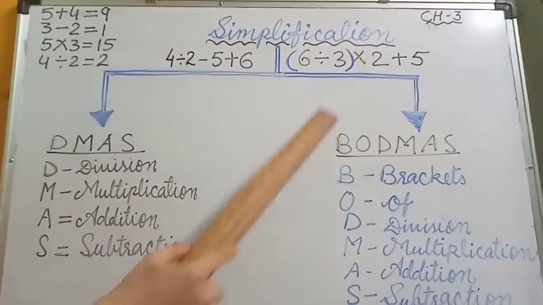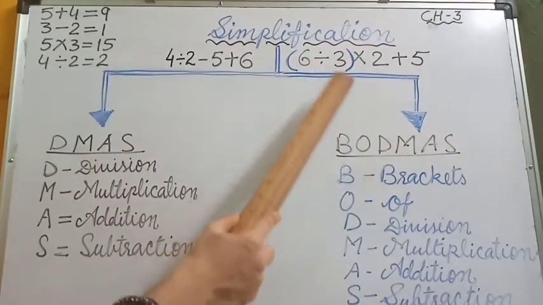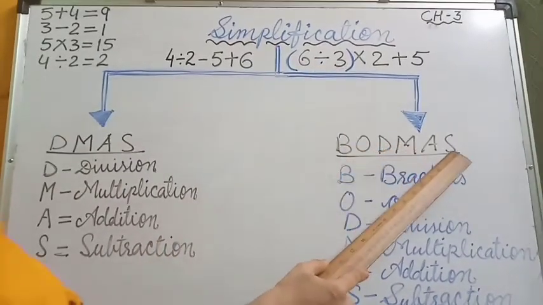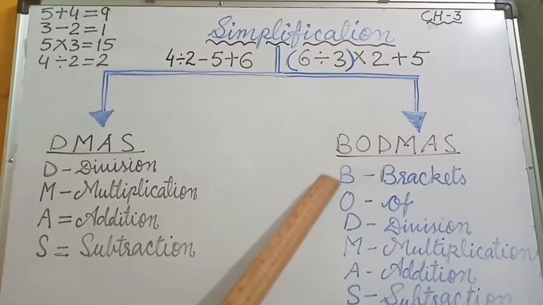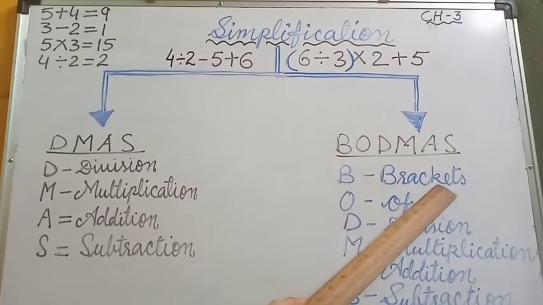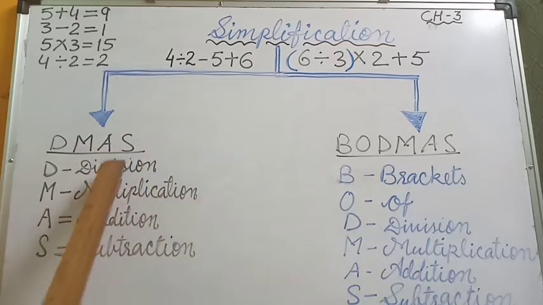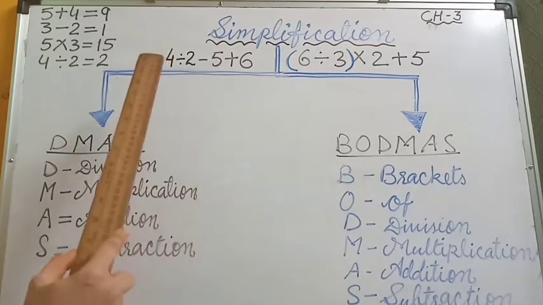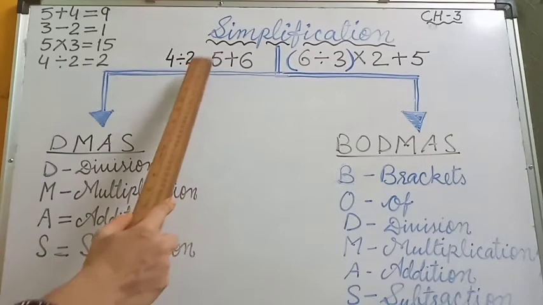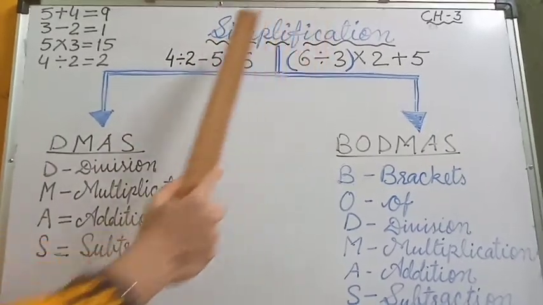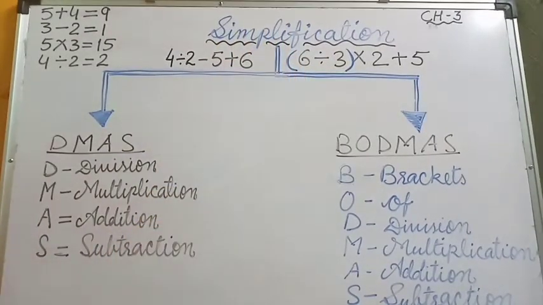If any expression is having a bracket, we have to follow BODMAS rule. First of all we have to solve the brackets, and then division, then multiplication, then addition and subtraction. By following these two rules we can solve this type of expression, and this is called simplification of expressions.